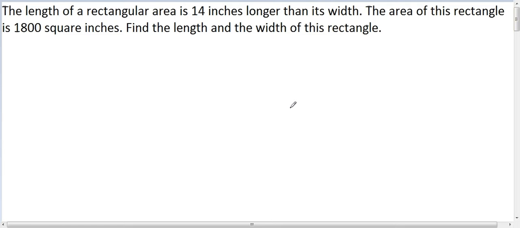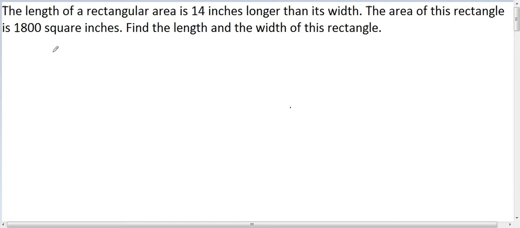The length of a rectangular area is 14 inches longer than its width. The area of this rectangle is 1800 square inches. Find the length and the width of this rectangle. In this problem, we need to find two values, the length and the width of the rectangle.